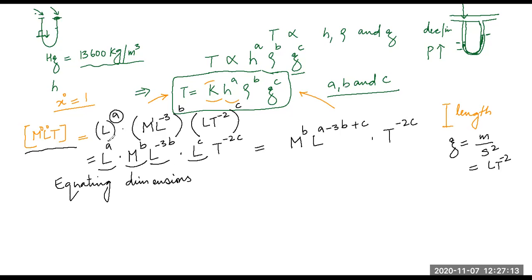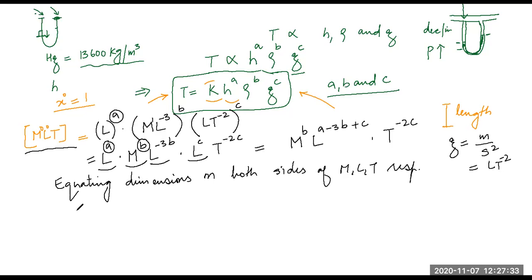What are the dimensions? Dimensions are the powers, the exponents on both sides of M, L, T respectively. So what will we get? First equation, Jasmine.